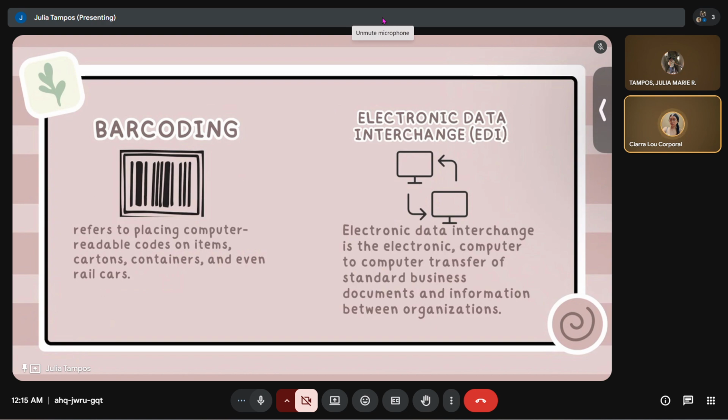Electronic data interchange is the direct exchange of business documents between computers of different companies without using paper. For example, when a store orders products from a supplier, the order is sent electronically through EDI instead of by email or fax, so the supplier system receives it instantly and processes the order.